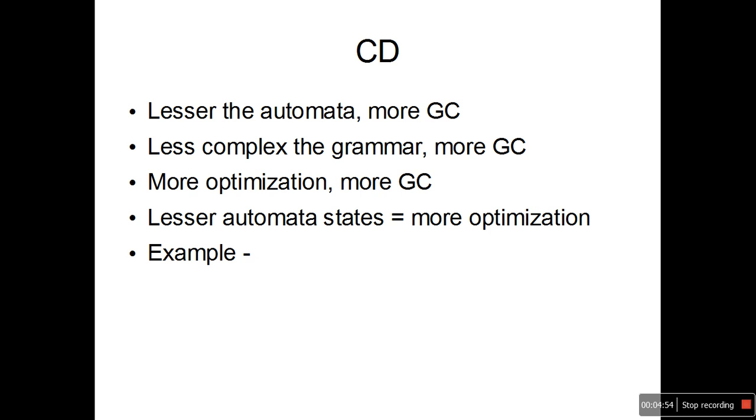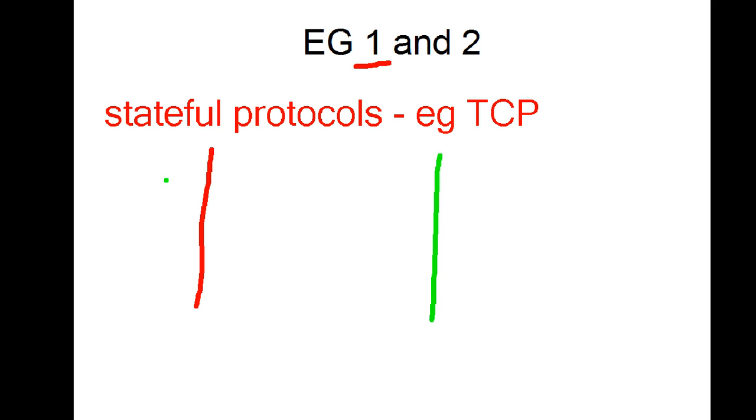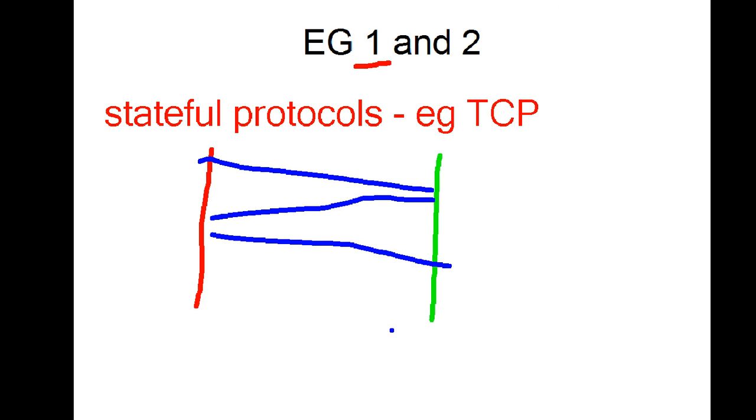To give you an example, first, example 1. I told you about stateful protocols, e.g. TCP. So you have the client and the server, you have SYN plus ACK and ACK. You see that these are states.